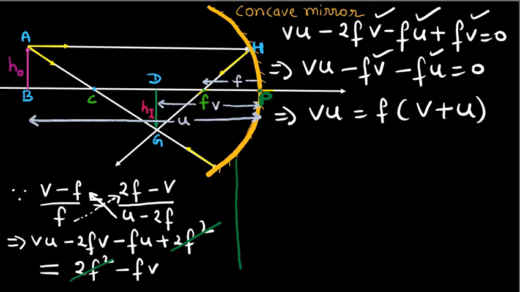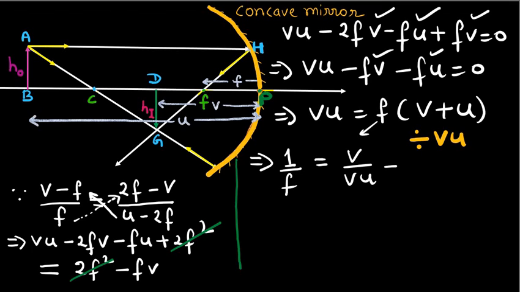Now let us divide throughout by VU. On dividing each term by VU, on the left hand side we have 1, and transposing F to the other side we have 1 by F, and on the right side we have V by VU plus U by VU.